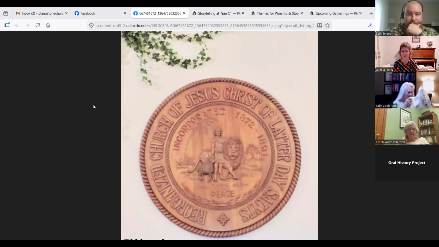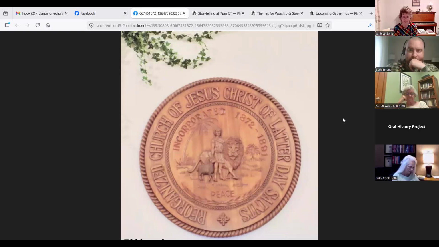And then he has a sister and brother, and the youngest, the brother, is a priest. At the time, I really loved the church seal, but I didn't really get to know a lot about it. But then when we were starting to have the storytelling, I wanted to find out more about it. And I didn't know how to reach Rick, but I did know how to reach his brother, John. And so John gave me some information.